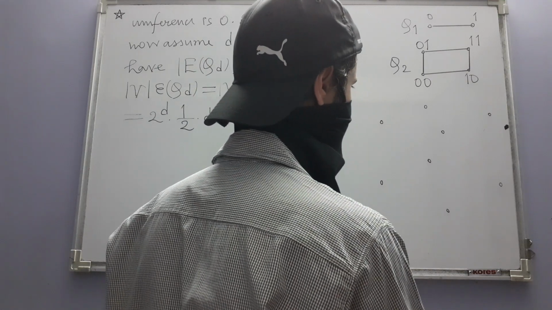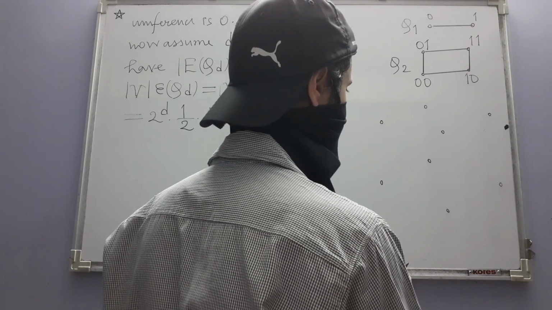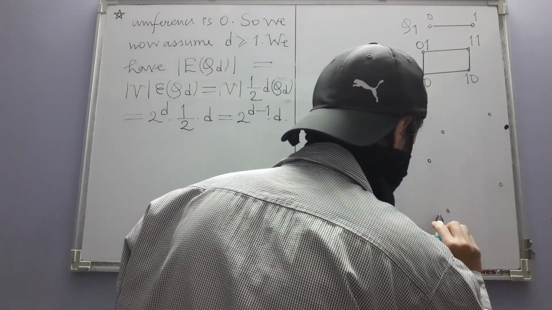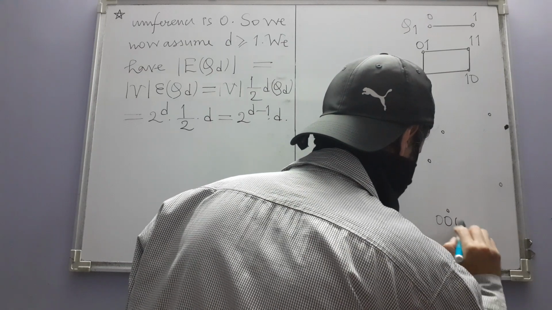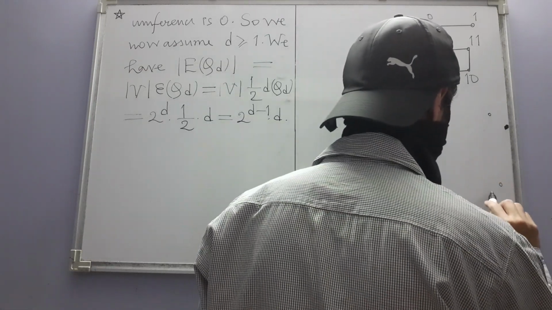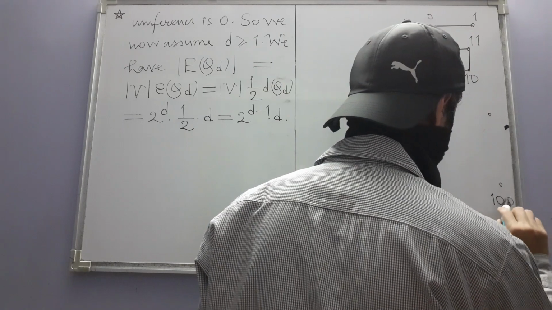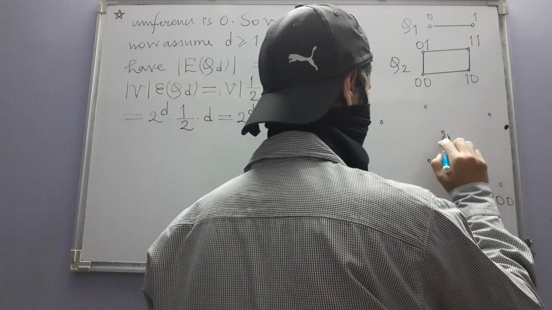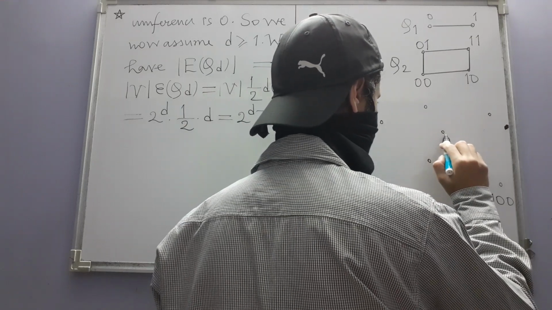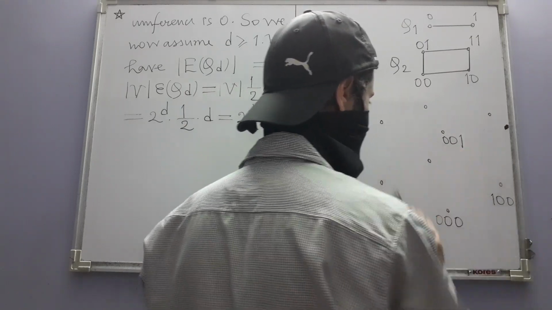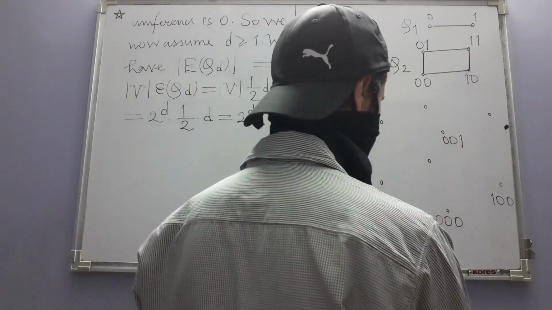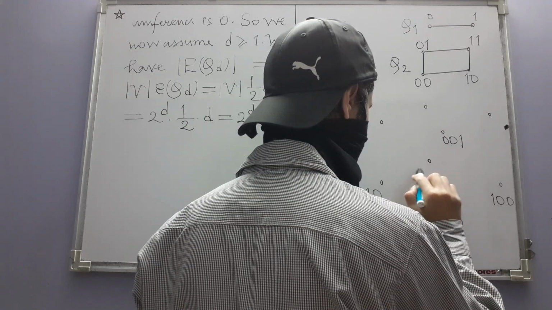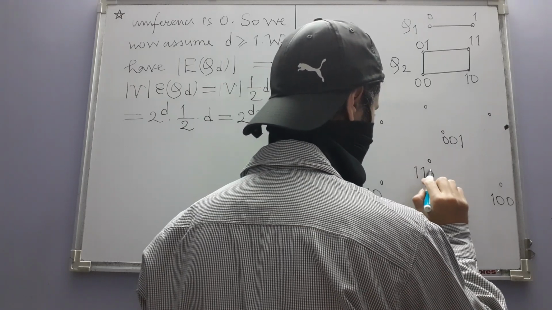Now here let's name the vertices. Say this is 0, 0, 0, okay, 1, 0, 0, 0, 1, 0. This one, let's name this one 0, 0, 1. Then 1, 1, 0.